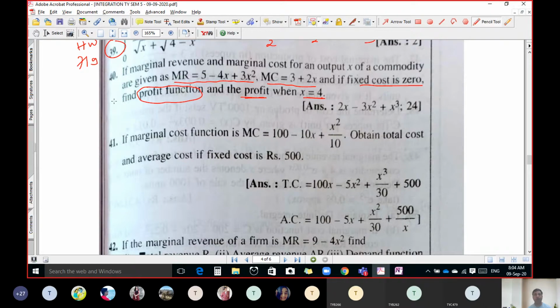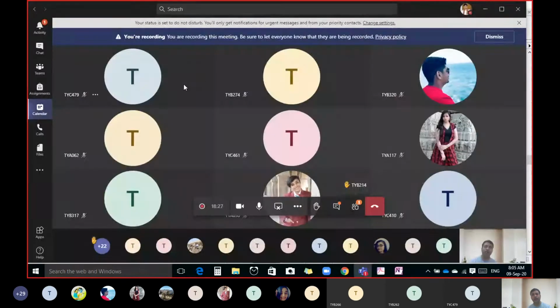So profit is nothing but revenue minus cost. We want to find out first of all revenue, and that is possible by integrating this marginal revenue. Integrating marginal cost, we get total cost, and subtracting that, we get profit. So first of all, we have to find out revenue, then we have to find out cost.